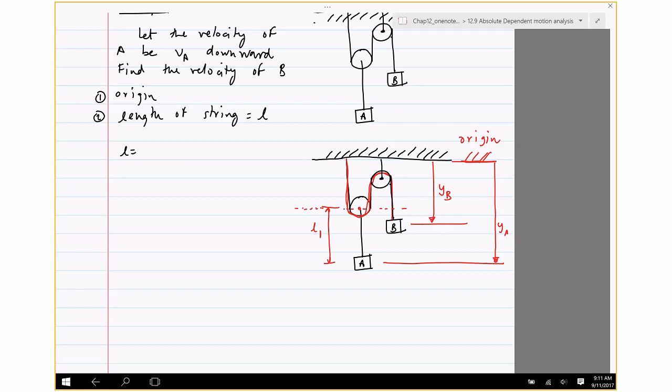So that string consists of this part, this part, this part, and this part. So this part right here is what? It's YA minus L1. This first part is YA minus L1.